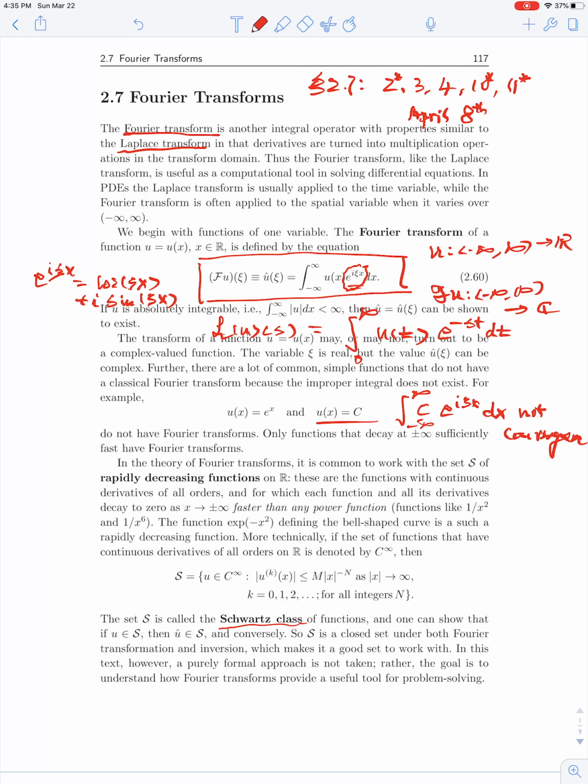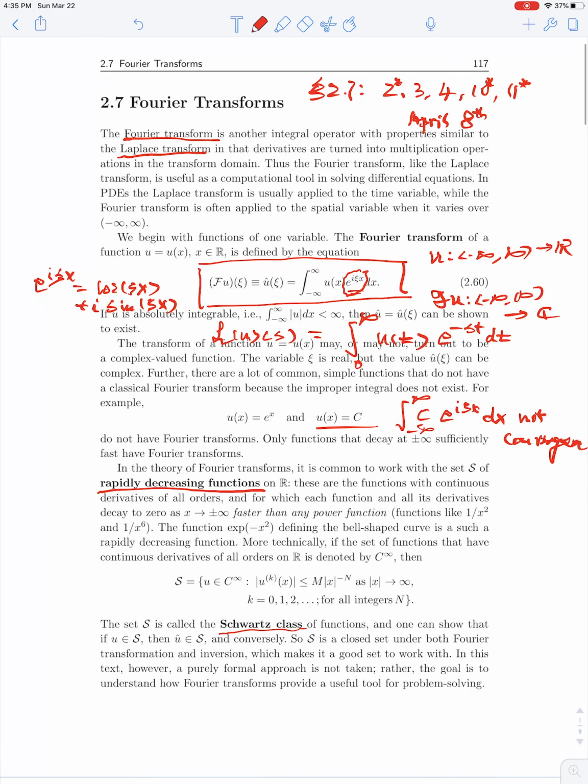The Schwartz functions are what we call rapidly decreasing or rapidly decaying functions. It means that the function and any of its derivatives go to zero faster than any power function as x goes to infinity.